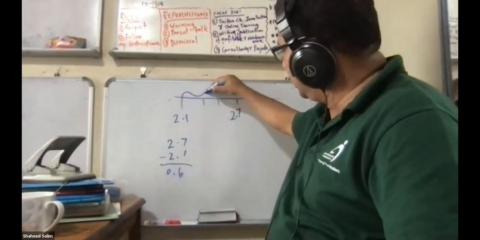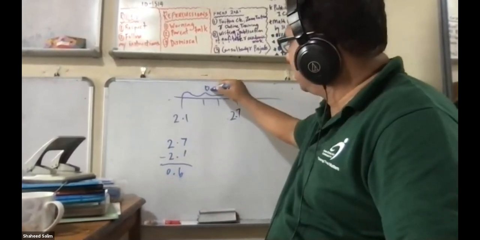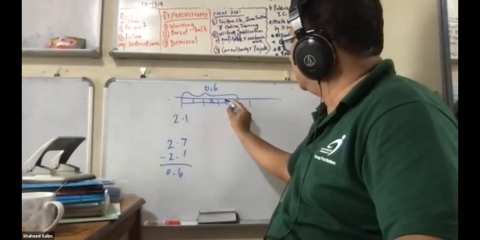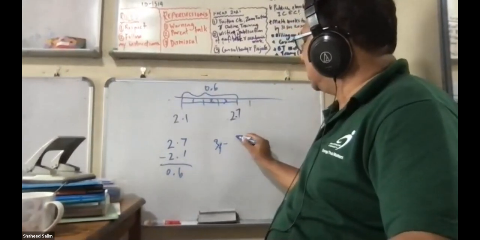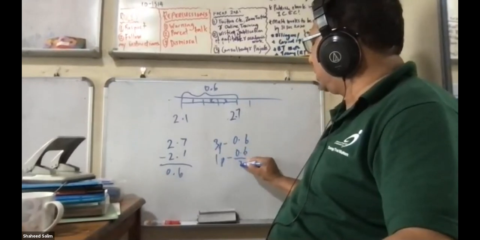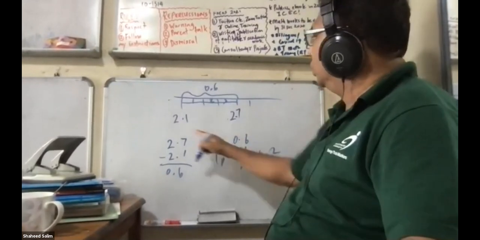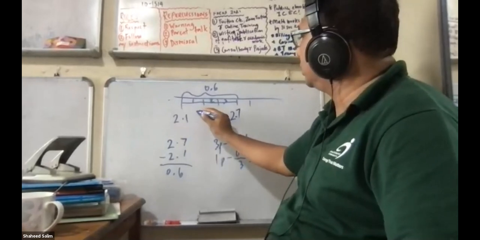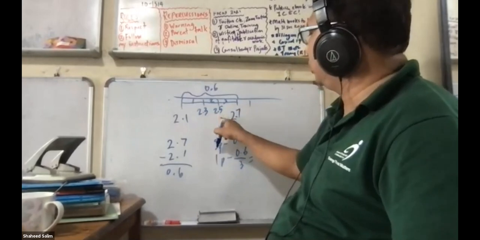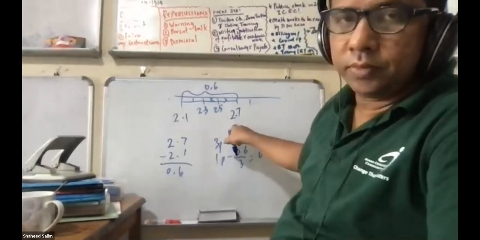So from one number to the next, 0.6. How many parts are there? Look, 1, 2, 3. 3 parts is 0.6. For one part, take 0.6 divided by 3, you get 0.2. So you plus 0.2. The next one is 2.3, 2.5, plus 0.2, 2.7.